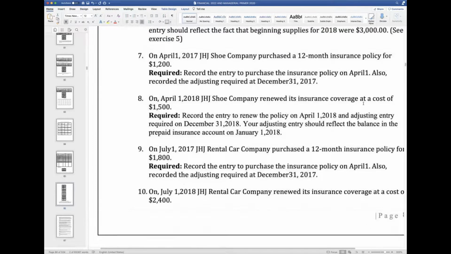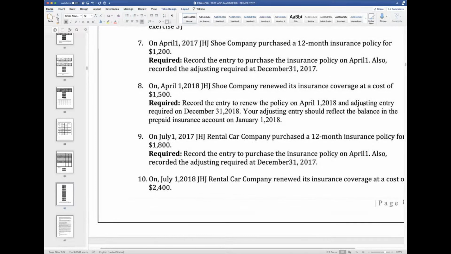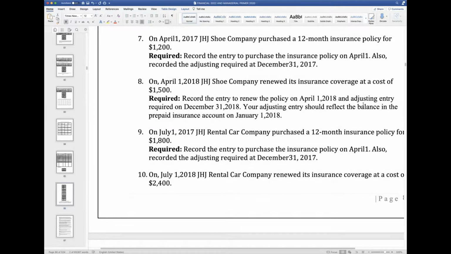So let's go on to number 7, Huntsberry. We've got to know all of it. You're excited to get started. So let's start on number 7. So you do prepaid insurance for 12? That's correct.